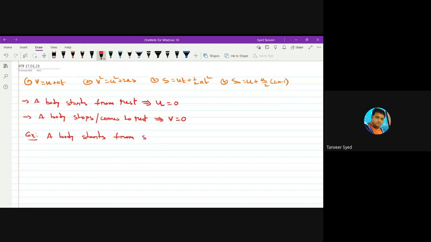Then suppose you have a question like this. A body starts from rest and travels in a straight line for 4 seconds with uniform acceleration 2 meter per second square.